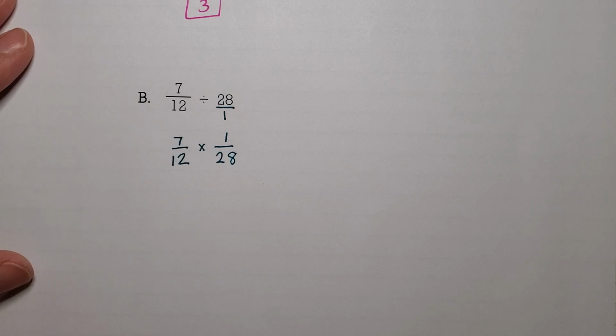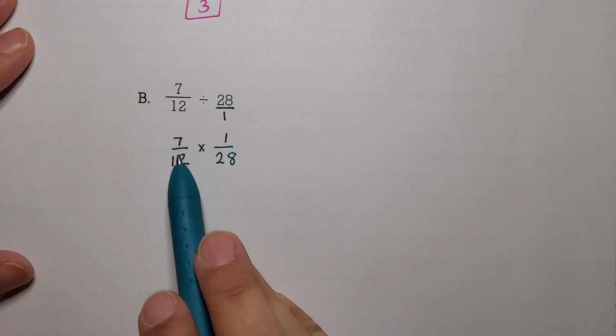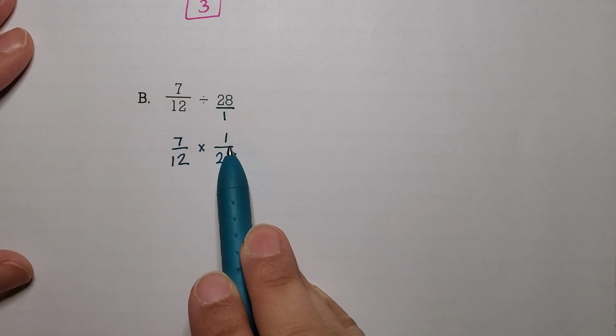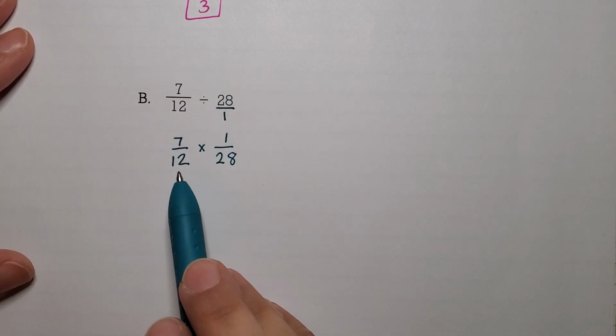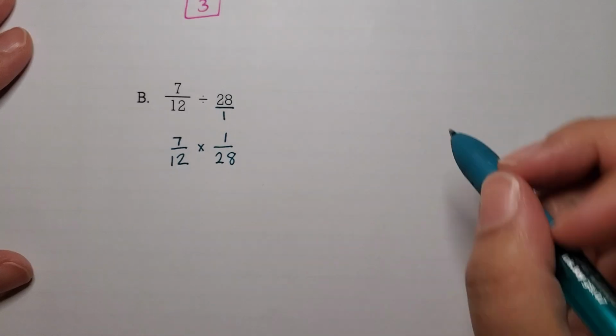Okay. Next, to use the prime factorization technique, we're going to find the prime factorization of all the numbers. A 7 is prime and 1 is just 1. It's neither prime nor composite. So those two we don't have to do anything for. But the 12 and the 28 we do have to break down.